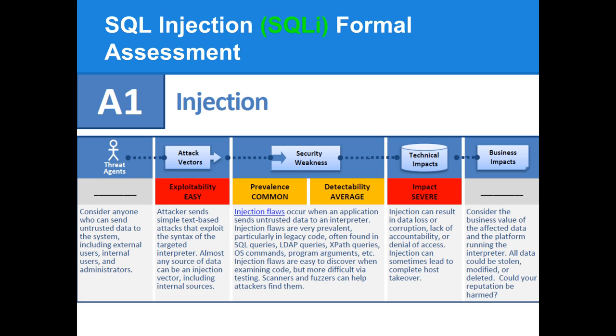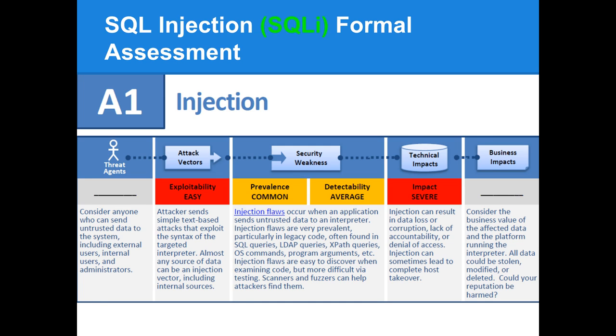For now, SQL injection we will simply define as vulnerabilities in which attackers can insert or inject arbitrary database queries, statements, or commands into the application, and the application then insecurely passes them along to the database to run. It's very easy to exploit.